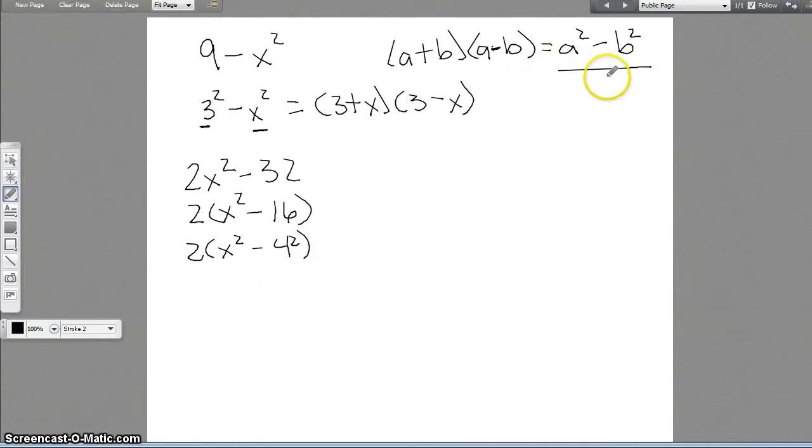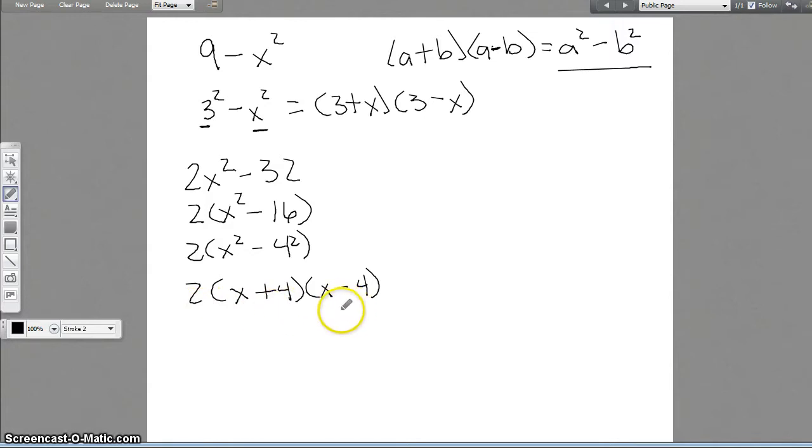If you have the difference of two square numbers, then what we're going to do is write this as our first number plus our second number, times our first number minus our second number. Now this is the number that's being squared, not the square. So 2x squared minus 32 can be factored as 2 times x plus 4 times x minus 4.